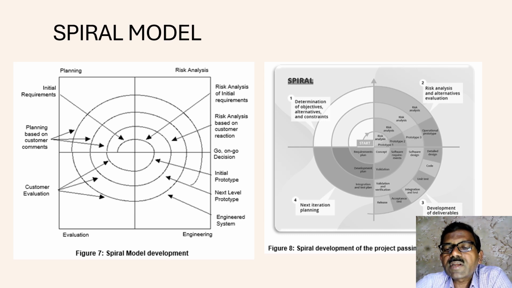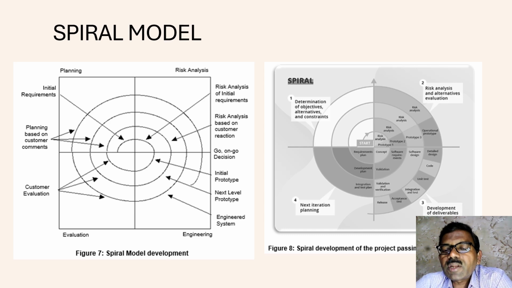It starts from the initial requirement. In the planning stage, requirements are based on customer comments. The requirement goes on changing as per the customer feedback in the planning stage, and it goes on expanding. So the spiral nature brings dynamic things into the development phase. That is why this model is more of an agile nature.